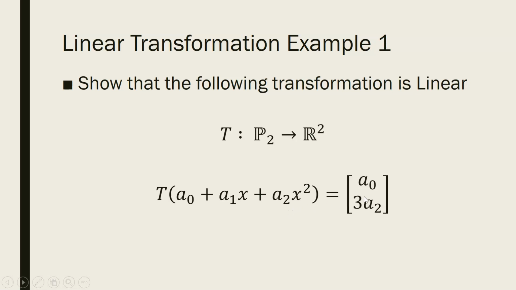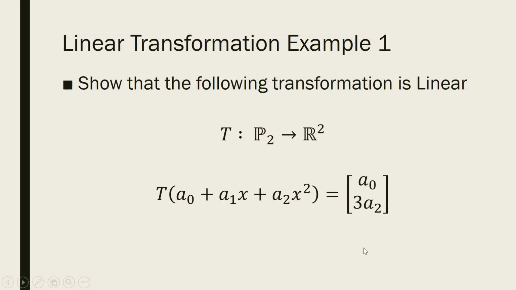And we're going to map that into R2 by just taking my first entry of R2 to be the constant in my polynomial, and the second entry in R2 to be 3 multiplied times the coefficient of x squared.